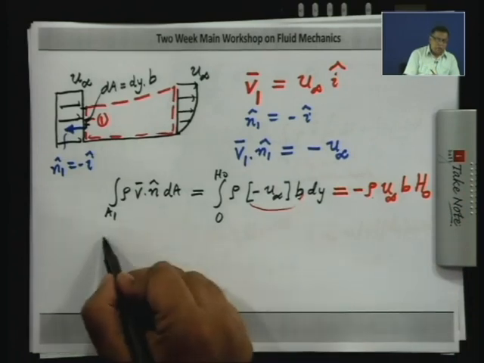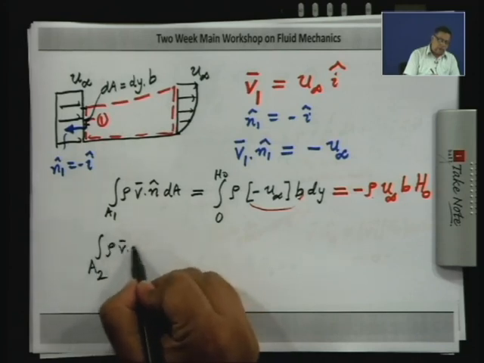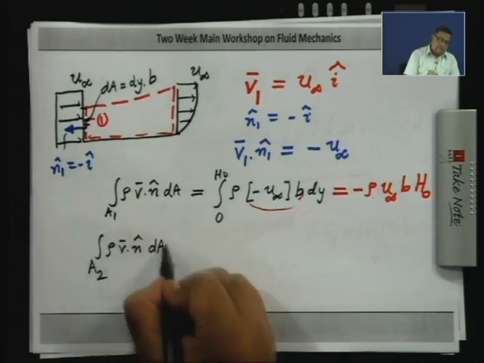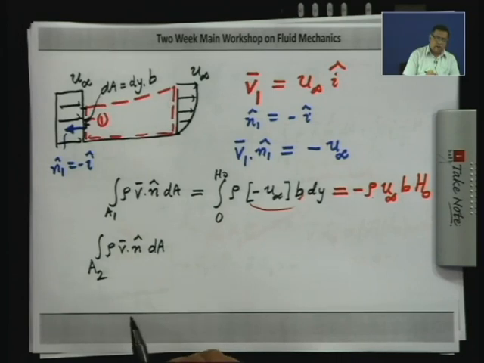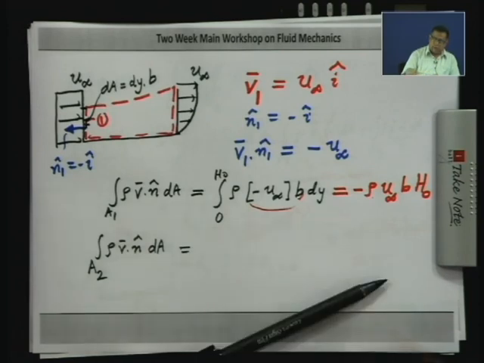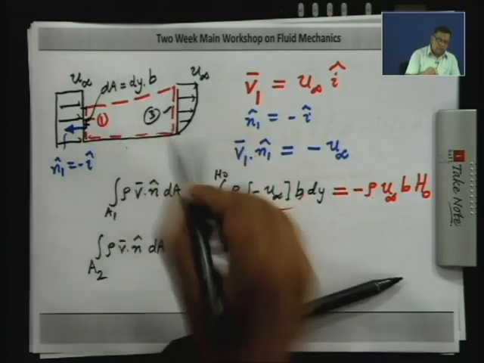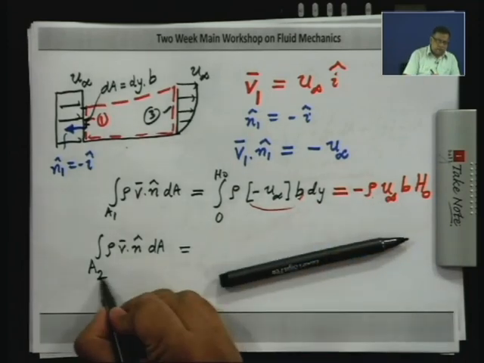Now, similarly, if you look at the other integral, rho v dot n dA, this is the surface we call 3. So, I am sorry, I should call it A 3.